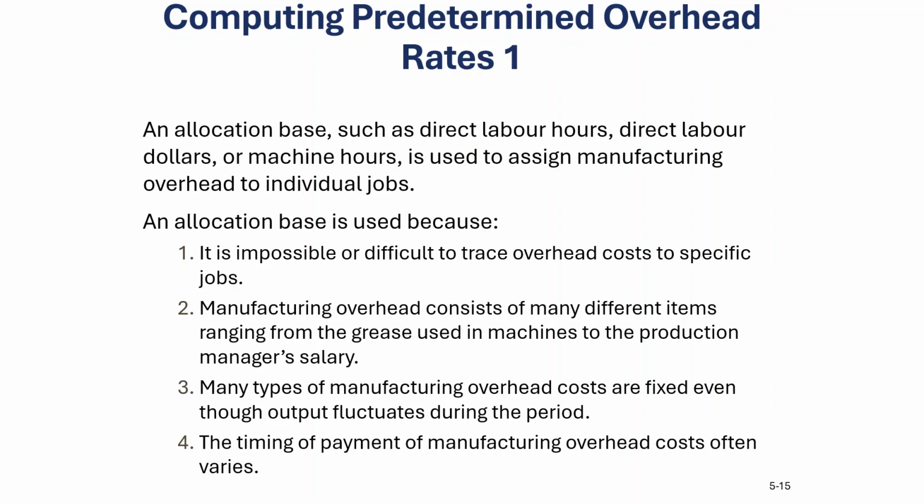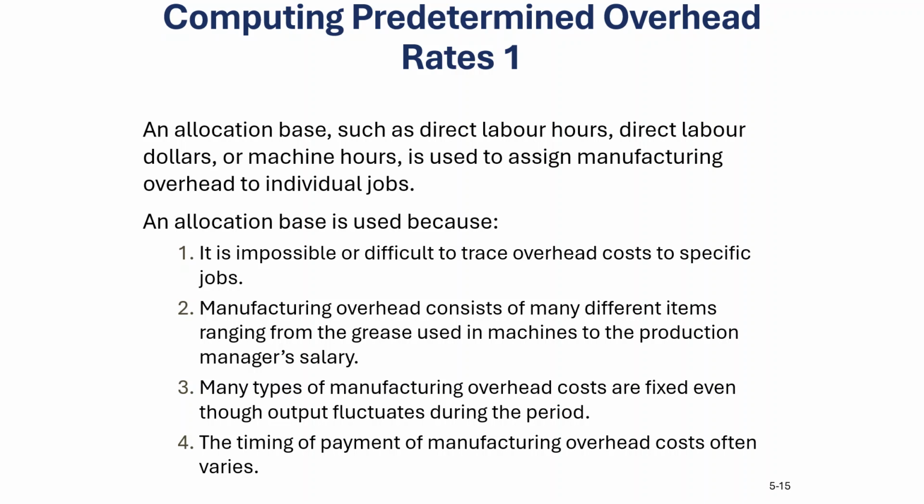So those costs we cannot determine. So what we have to do is determine a predefined overhead rate that we will allocate as you complete the jobs. So allocation bases such as direct labor hours, direct labor dollar amount, the machine hours, or could be direct labor cost as well, can be used to determine or allocate the overhead.